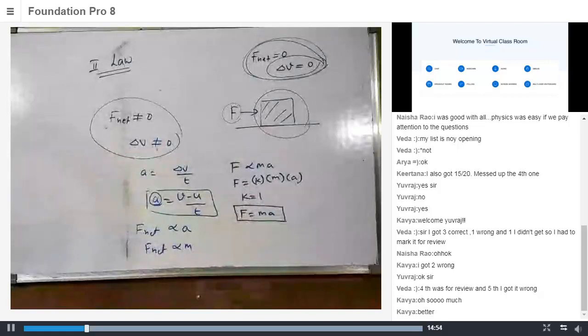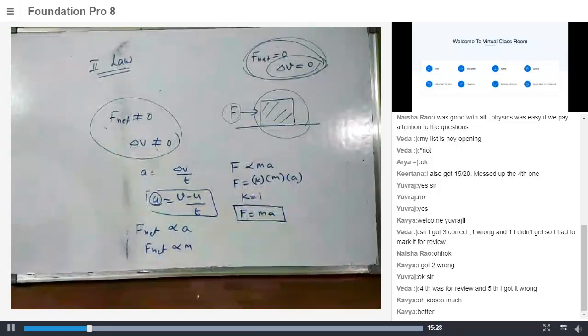Let's analyze this once again. What does second law tell us about? Second law tells us about the state of the body when a force is applied on it. When a net non-zero force is applied on a body, there is a change in velocity, and so there would be acceleration.